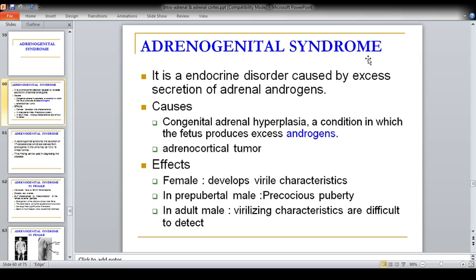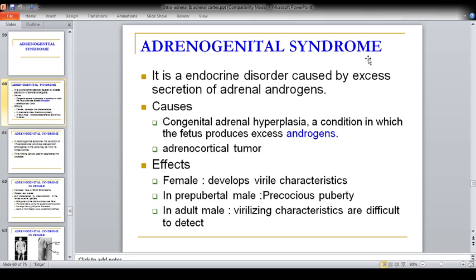The beard would come on, the mustache would develop, muscles would start developing, there would be hair growth in the armpit area, in the groin area. So all these features would show themselves before the child hits puberty.